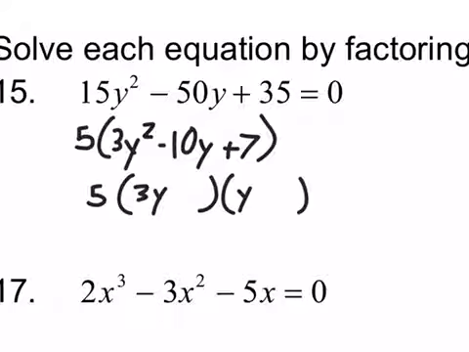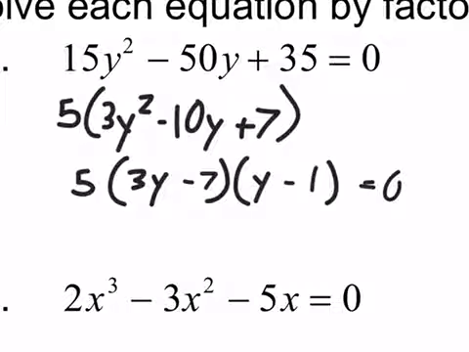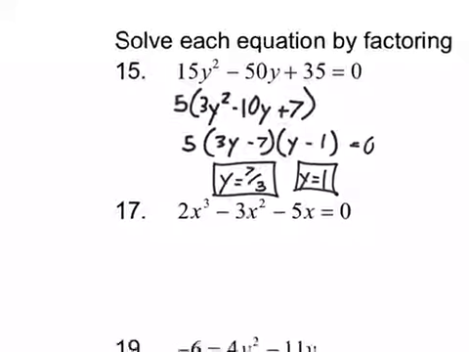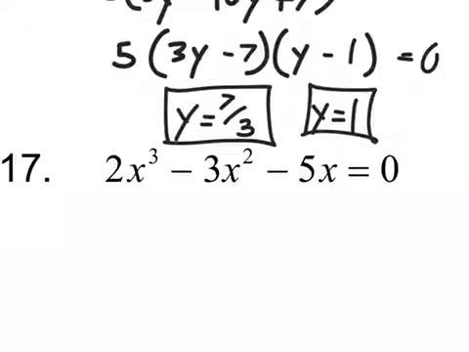Working with factors of 7 here, so I'm going to do -7 minus 1, set it up equal to 0, and then set my two pieces up equal to 0. So this one would be y is equal to a positive 1. This one would be, after I add 7 to the other side, I then divide it by the 3 to get that answer there. Remember, when we're solving, that 5 on the outside doesn't do anything for us. We leave it there, but it's not going to help us express our answer.